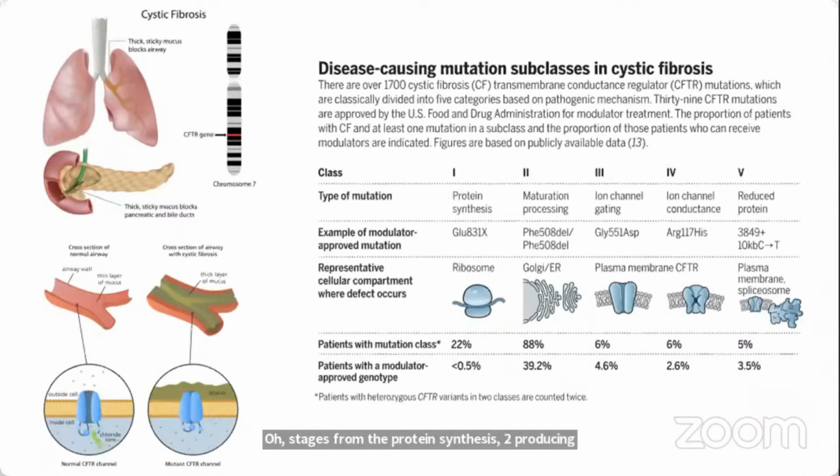The most common disease-causing mutation across these 5 classes is in protein processing or maturation, where one specific amino acid, phenylalanine, is deleted. This occurs in more than 80% of patients, and it causes incorrect regulation of mucus formation, and hence results in chronic lung disease.